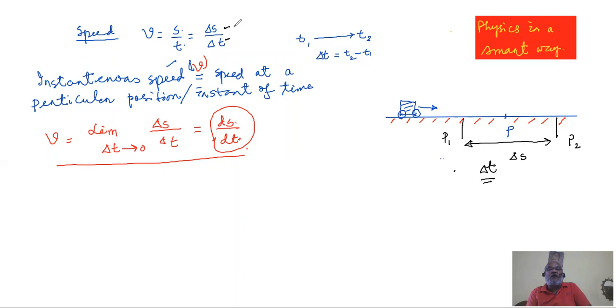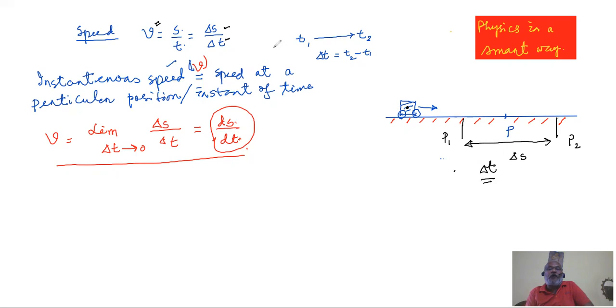Then delta S by delta T, if you make it, you can find something and you can present it to your question setter. But now take a case, he is not satisfied. His argument can be that, okay, I told you to find out the speed at a particular point when the vehicle is crossing P. The vehicle is also assumed as a point.